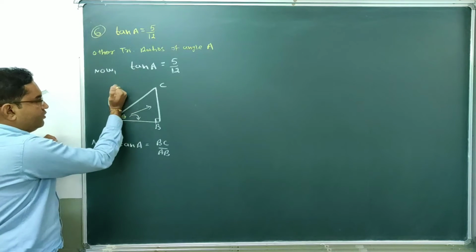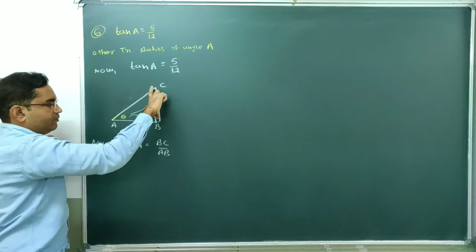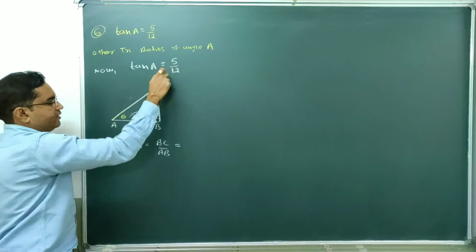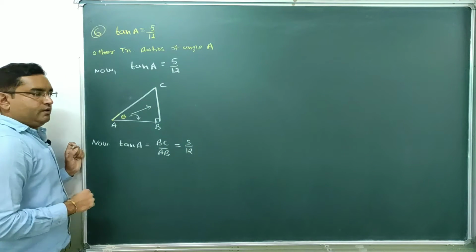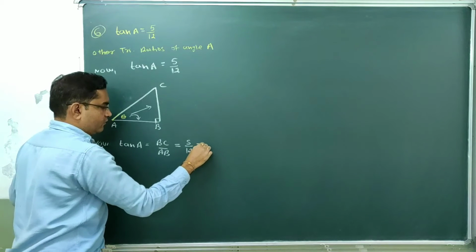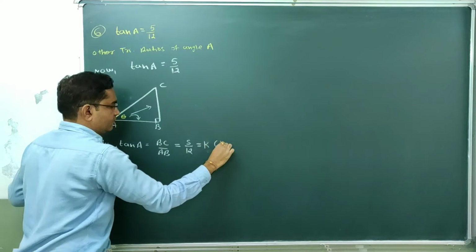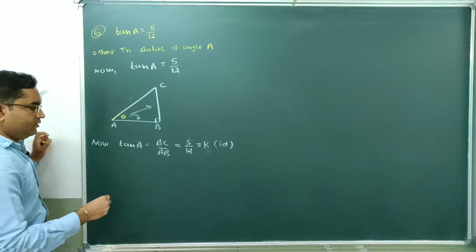So according to definition of tan A, it's the opposite side by adjacent side. So it's a BC by AB. The value of tan A is given, which is 5 by 12. Done? And for this trigonometric ratio, we have to assume this is equal to K. Let's say this is K. This we have to assume.